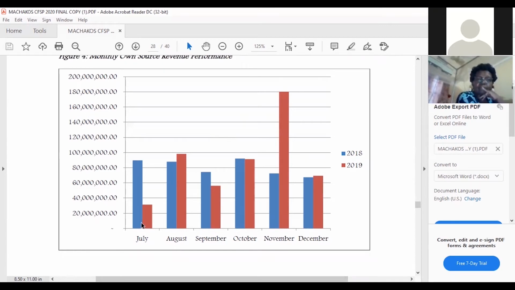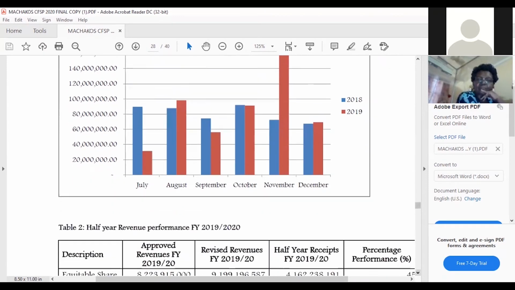In July 2018, they got more money, almost 85 million, while in July 2019 almost 18 million. And you can see that in November, it peaked in 2019. So we might be interested to know what made there be a sharp increase in on-source revenue.